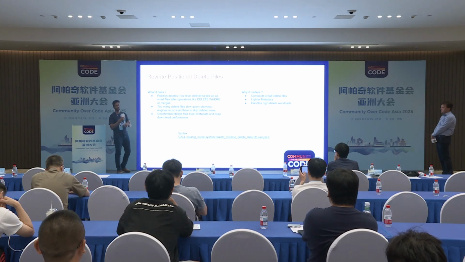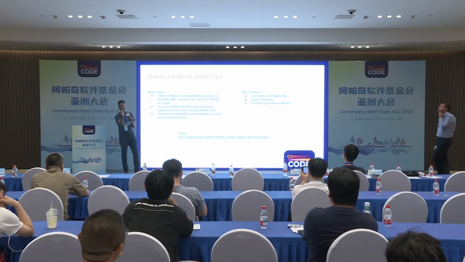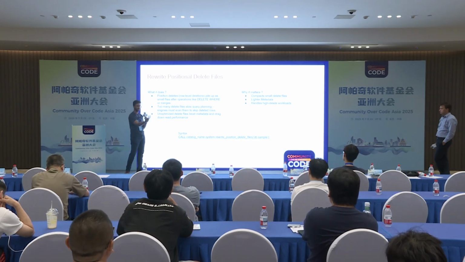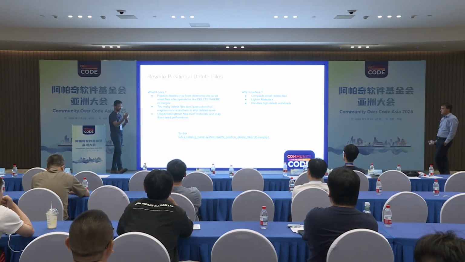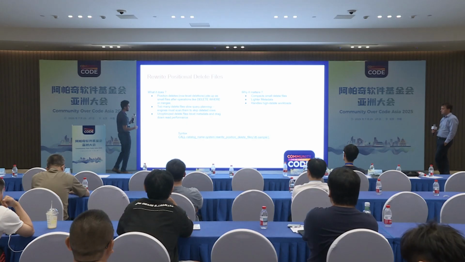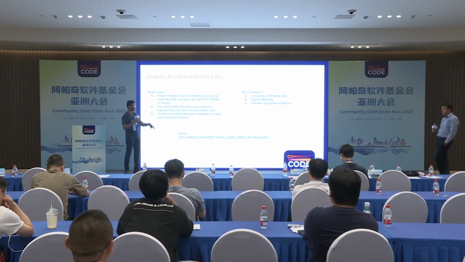It slows down query performance, because whenever you query, let's say select star from this table, it is merging those delete files with your actual data files to give you the final results. It adds up to your overall planning and processing. So unoptimized delete files just bloat your metadata and drag down the overall read performance.